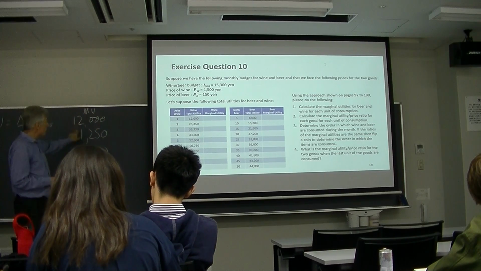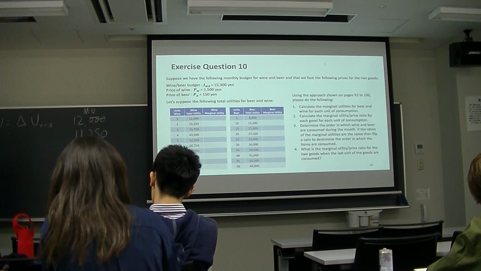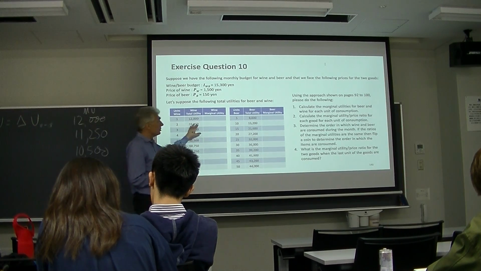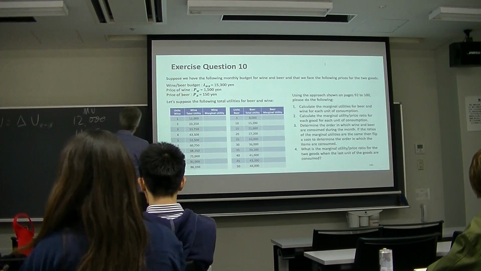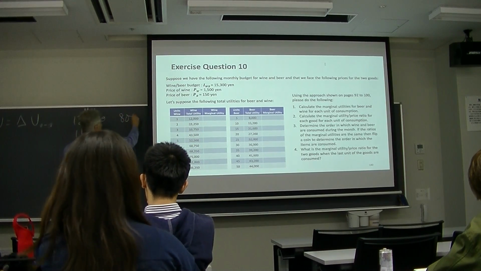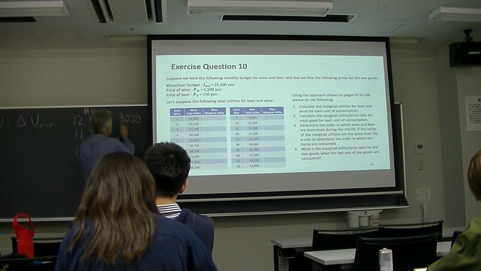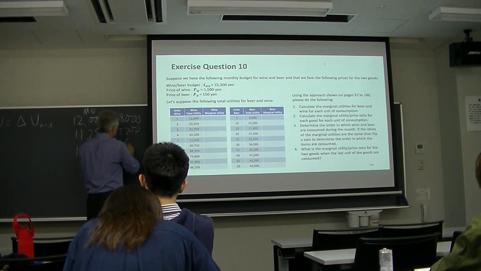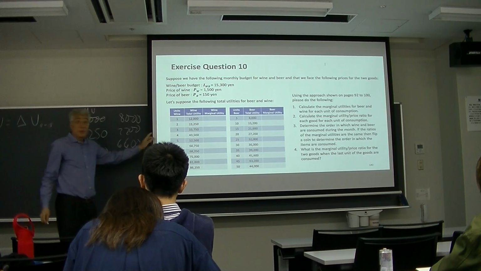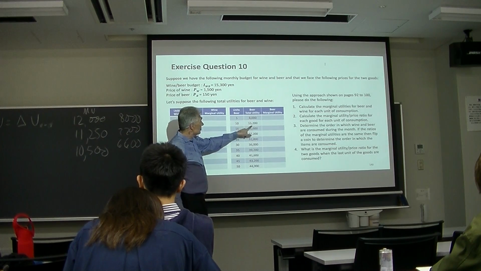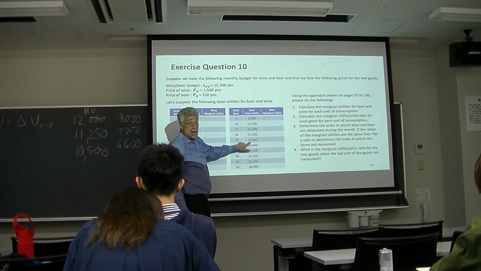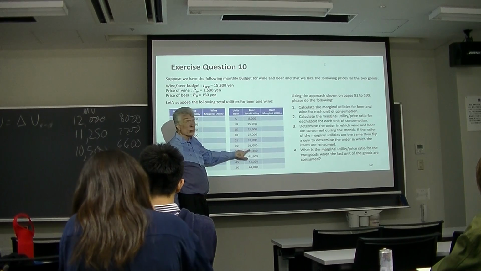So you have the marginal utilities, and we know what they are. Here it's 8,000, 7,200, 6,600, 5,600, 4,800, 4,000.